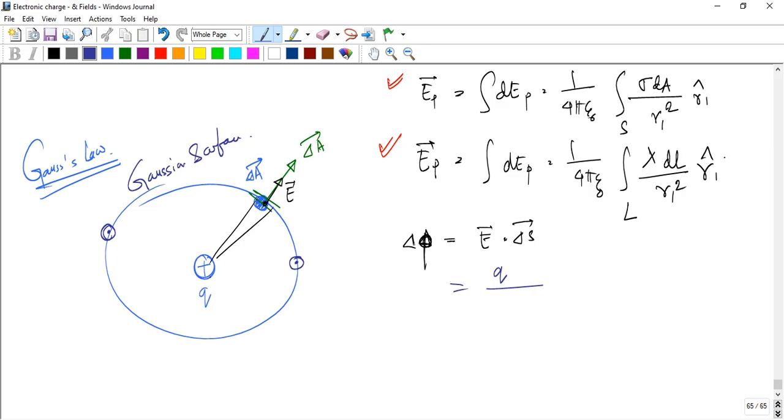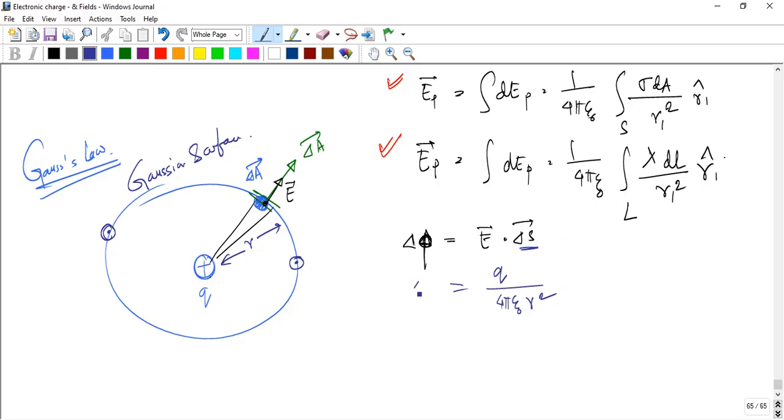So the field is Q over 4 pi epsilon naught r square, where r is the distance. Not r cap, that is not a vector here, that is the distance r. The radius of the circle is r, and now we integrate this.